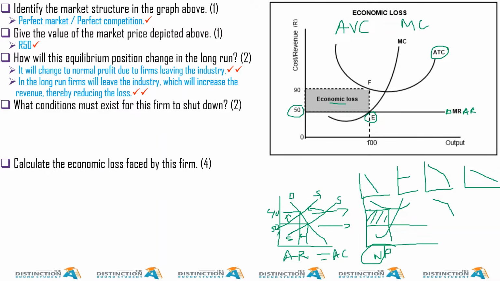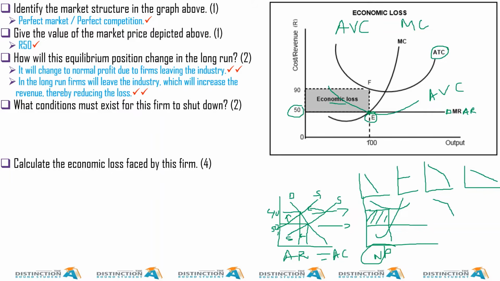At this point, you see, the MC intersects the AVC there. So that becomes the shutdown. So this particular firm will have to shut down if the AVC is there.